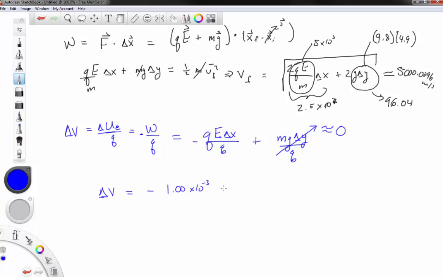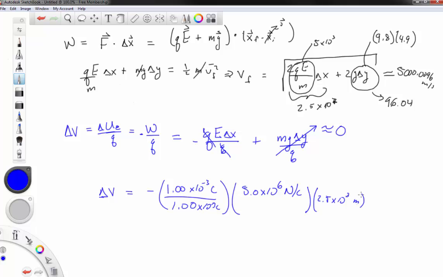And so delta V, the potential difference across which this thing has passed, is going to be negative 1 times 10 to the minus 3 coulombs divided again by 1 times 10 to the minus 3 coulombs. These two should be canceled. Times 5 times 10 to the 6th newtons per coulomb times this distance 2,500 meters, so 2.5 times 10 to the 3 meters.